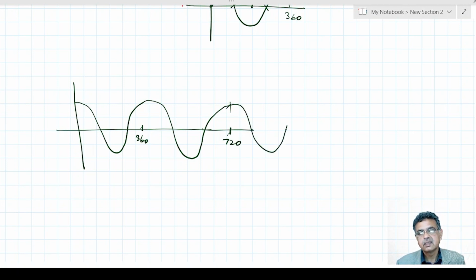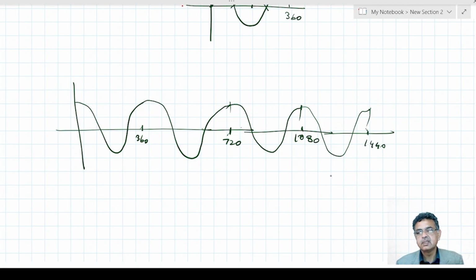Then for another cycle we go on adding 360. 360 will be added to it, then this will be 1080, and the next one will complete here at 1440 degrees. So this way the graph continues, and the same thing will be continued on the left hand side this way, minus 360 and minus 720 and so on.